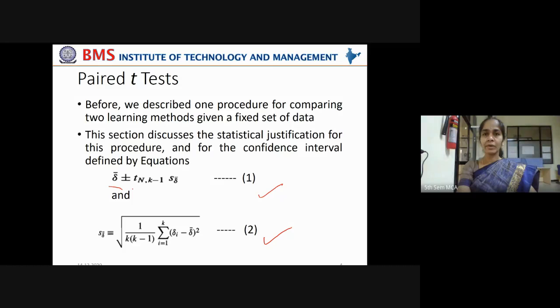You have partitioned the data set into that mean error plus or minus t_{N,k-1}. What is this t? It is called the critical value at N% confidence interval and k minus 1 degrees of freedom.